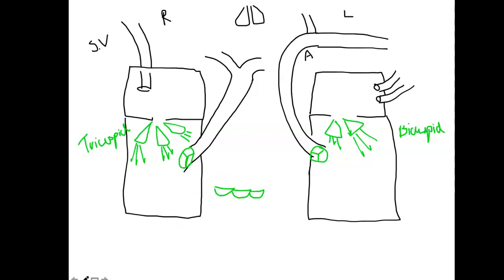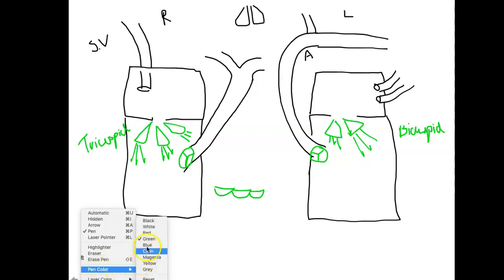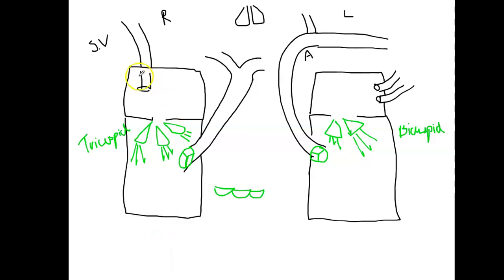Okay, now I'm going to change my pen color again, and I'm going to go to red, and in red I'm going to see the circulation of blood. So if I were to follow one drop, I would come down here, and as it goes down, it's going to come into the atria and come down into the ventricle, and then shoot up through the pulmonary trunk and go through the pulmonary arteries.